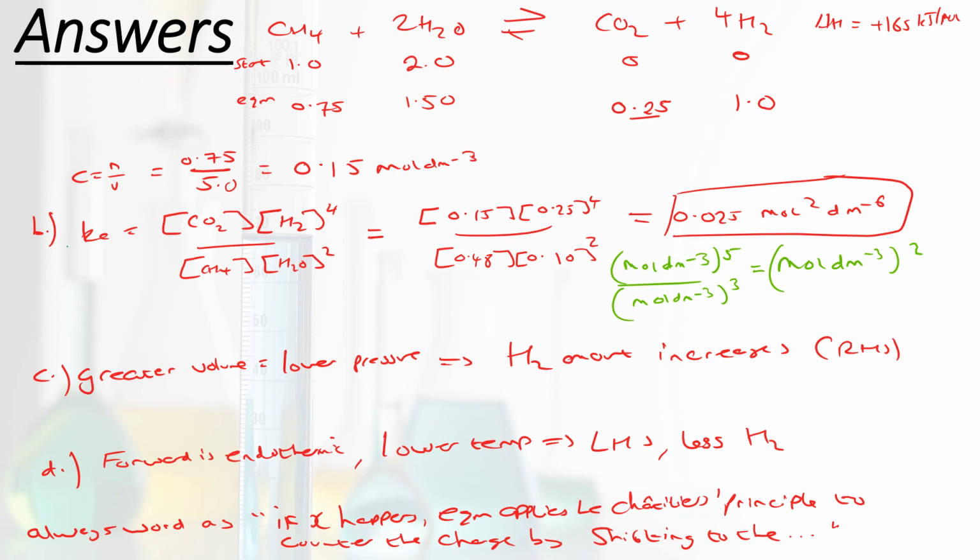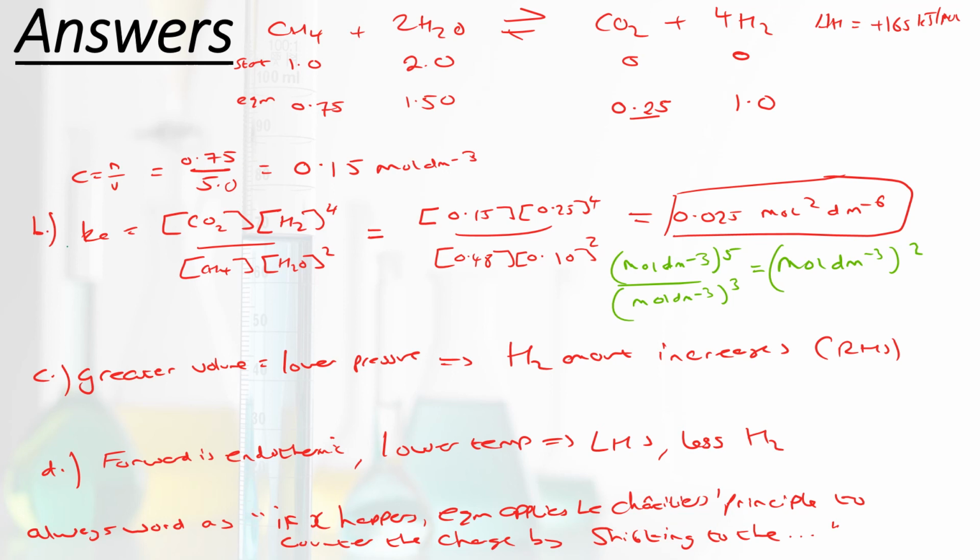Then to explain why the amount of hydrogen decreases when it reaches equilibrium at a lower temperature. Again, for temperature, we have to look at our enthalpy change. Our enthalpy change here is plus 165 kilojoules per mole, an endothermic value, a positive enthalpy change taking heat in. And so the forward reaction is endothermic.